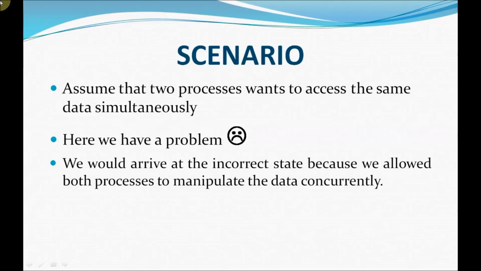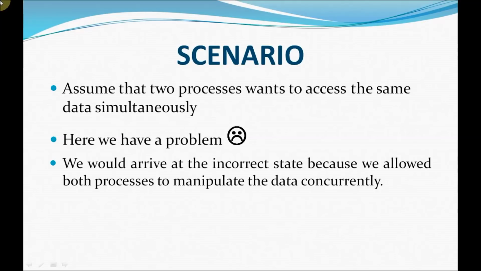When we allow two processes to access the same shared data concurrently, there is a chance that one of the processes may read incorrect data. So how to overcome this problem? How to assure that two processes read the correct data?